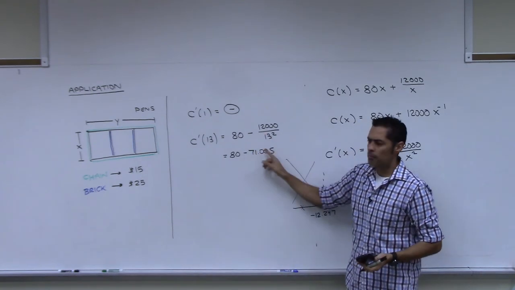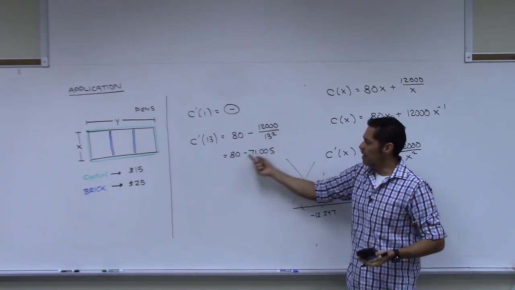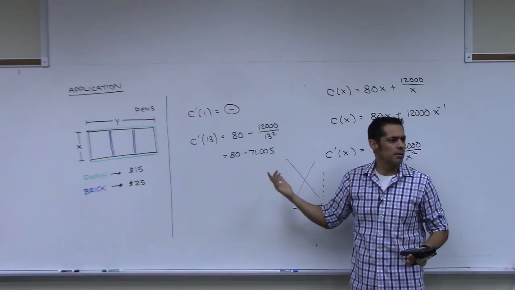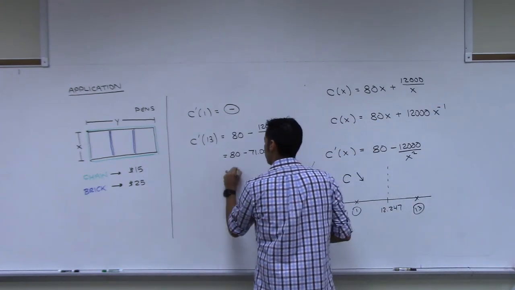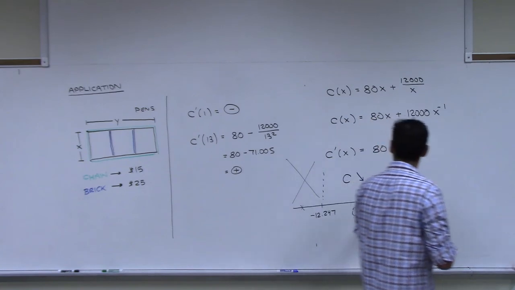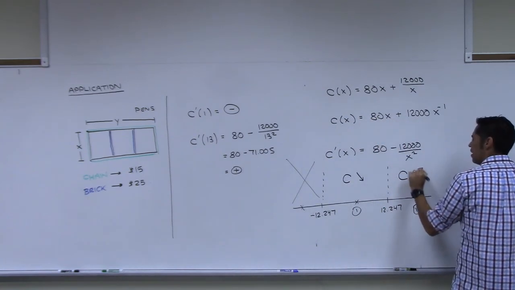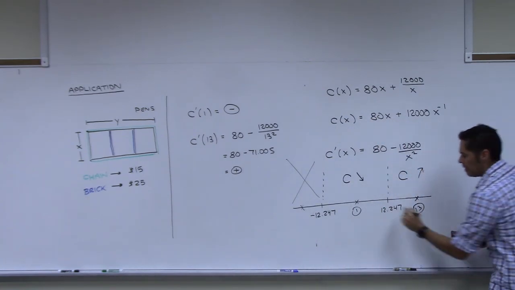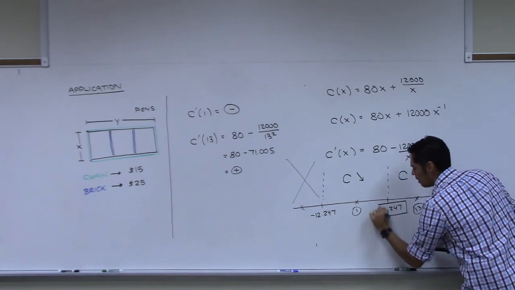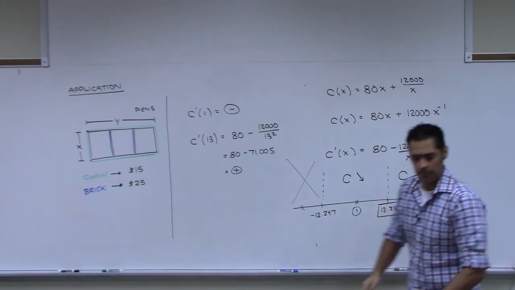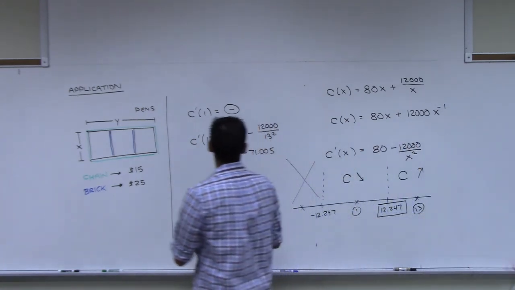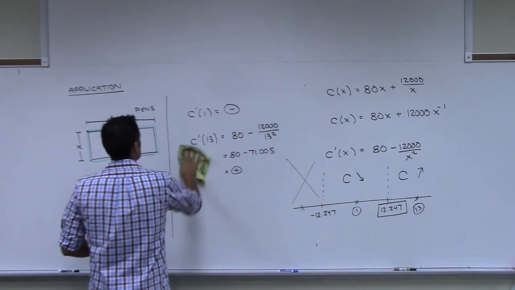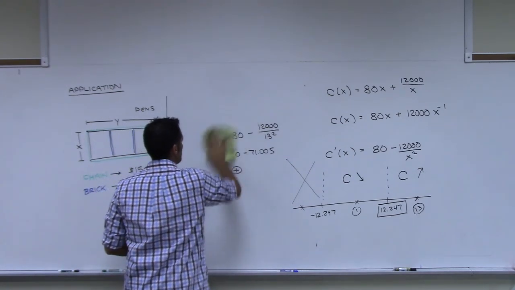And 80 minus 71, that's a positive number. So this is positive. And that's what I needed. I needed it to go down and up. That means this is a local minimum of my cost function. So I think I'm ready to wrap things up here.